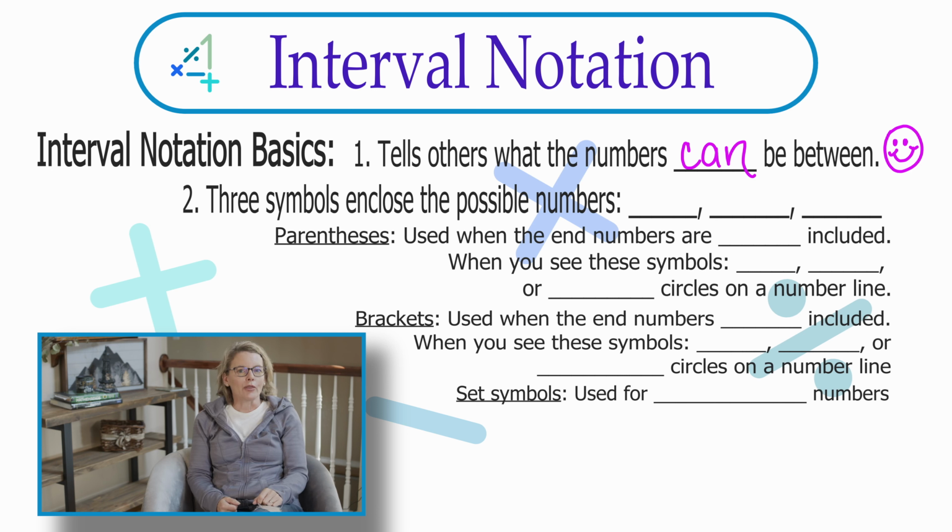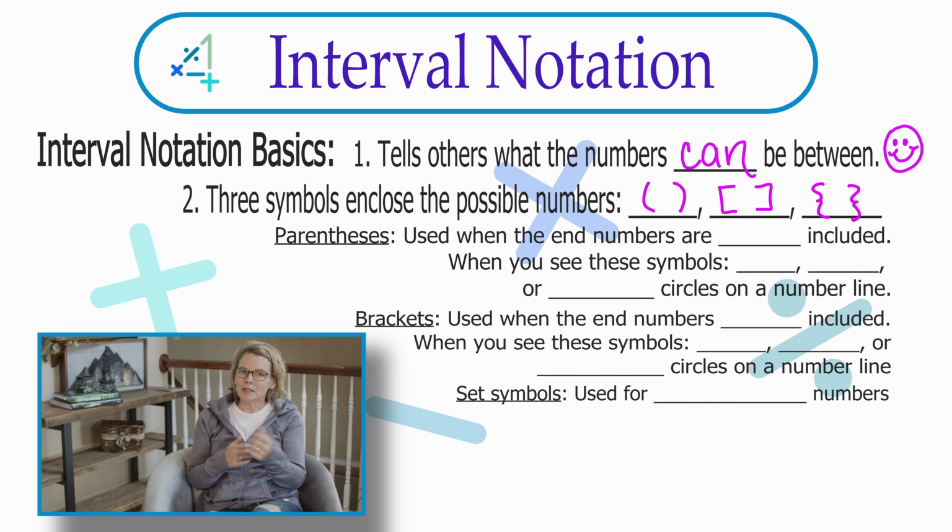2. There are 3 symbols enclosing these number possibilities: parentheses, brackets, and set symbols. Parentheses are used when the end numbers are not included, like greater than, less than, or open circles on a number line.